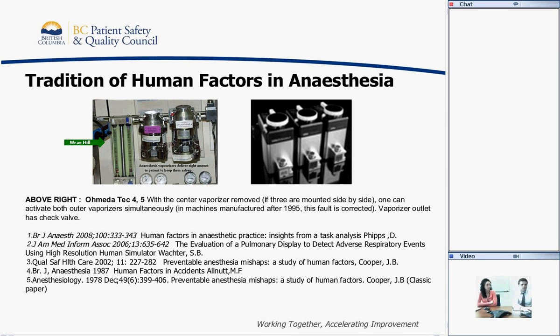That had been corrected early in the anesthesia care world, and now these devices are interlocked. You cannot turn on more than one volatile anesthetic gas at the same time. So they have a mechanical interlock because an anesthetist is a pretty busy individual and may forget these things. So that's the idea there.